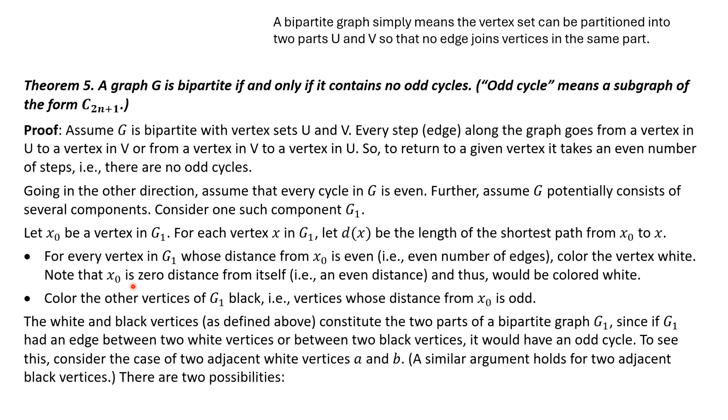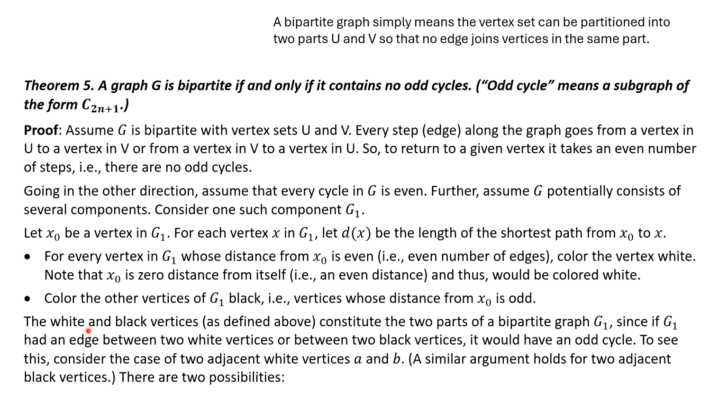We note that x_0 is 0 distance from itself, and since 0 is an even number, it would be colored white. Then we color the other vertices of G_1 black, i.e. vertices whose distance from x_0 is odd.